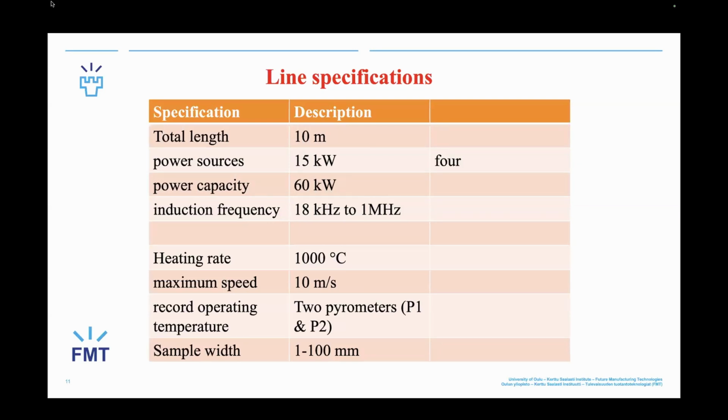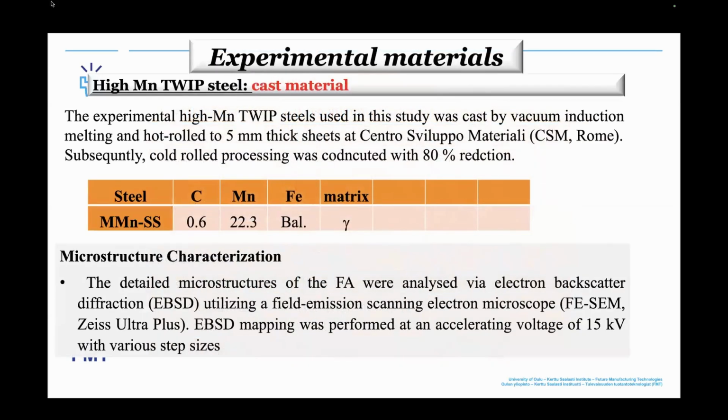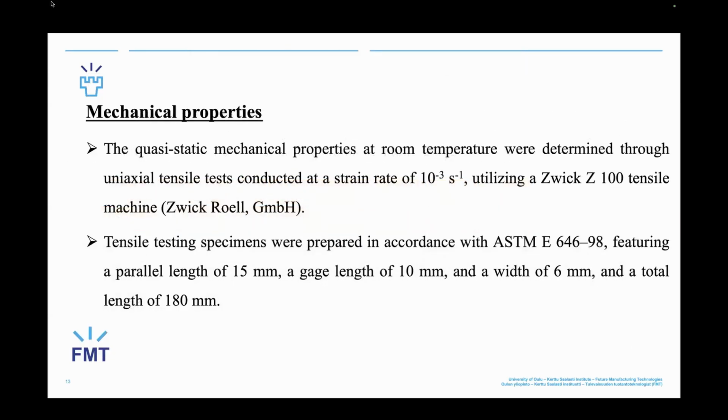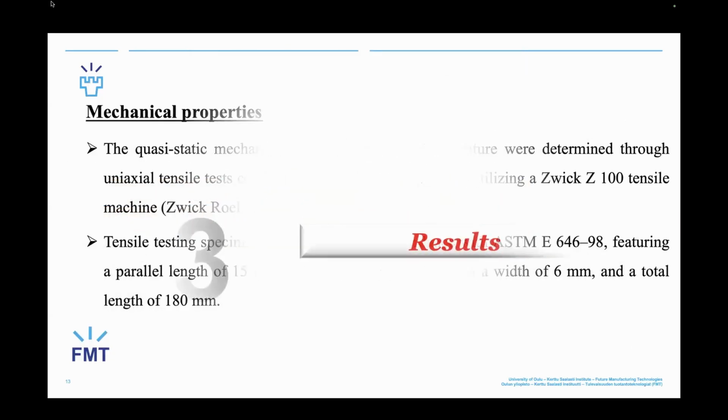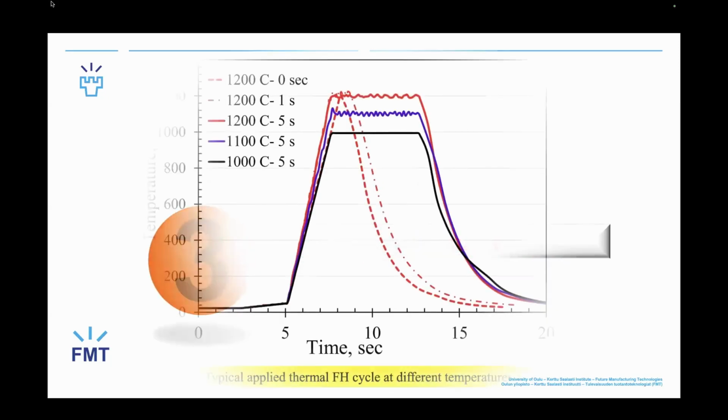The chemical composition of the tube steel is 0.6 carbon and 22% manganese. We used heavy cold rolling with 80% cold reduction, and then applied microstructure characterization using electron backscatter diffraction, and tensile testing to see the tensile behavior.